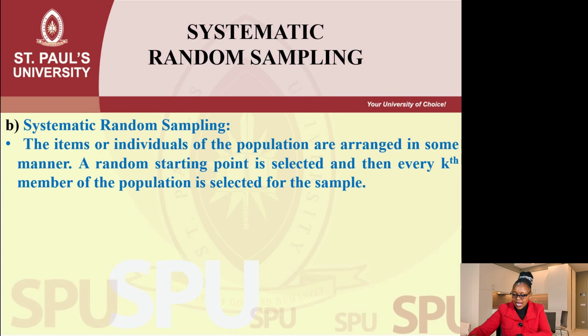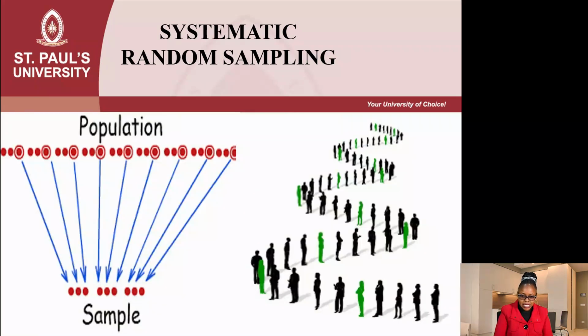What do we mean here? Let's say we have 100 people who are affected by the problem that we are researching, and so we are looking for a sample. We have chosen to use systematic random sampling. So what we do is arrange them in some manner. They can line up or they can pick numbers, whichever way you want.